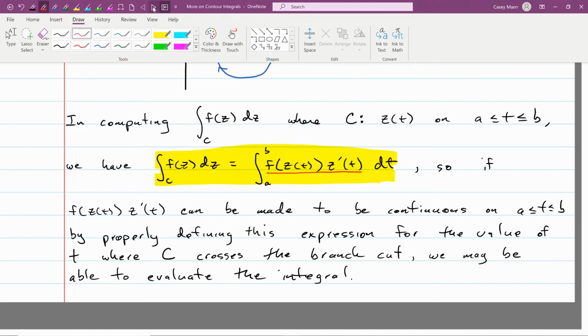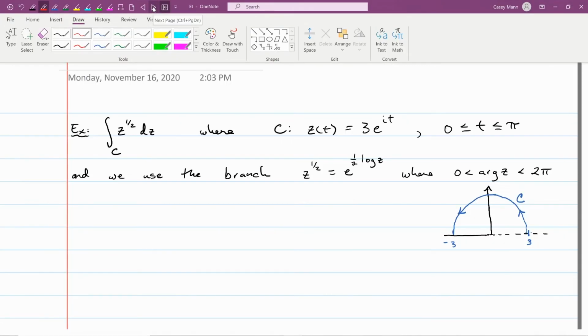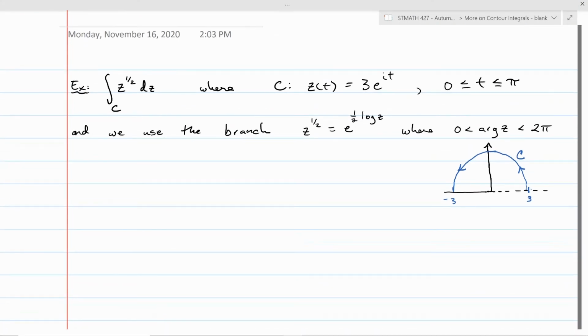So let me give you an example of what I'm talking about here. In this example, we want to integrate the square root of z over the contour, which is a radius 3 semicircle centered at the origin, going from 0 to pi. You can see the picture on the right there.